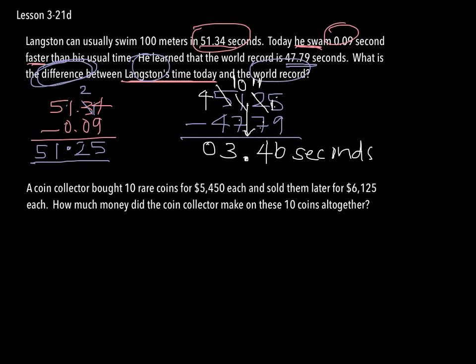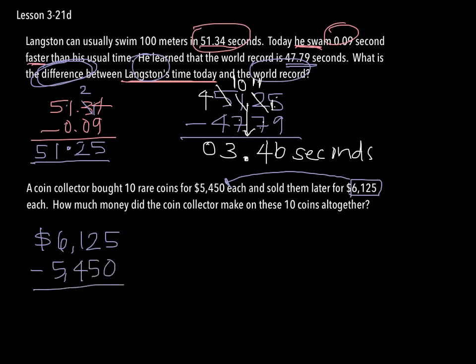To do that, we're going to take what he sold it for and take away what he purchased to figure out his profit. So we're going to take 6,125 and subtract what he paid for it, 5,450.